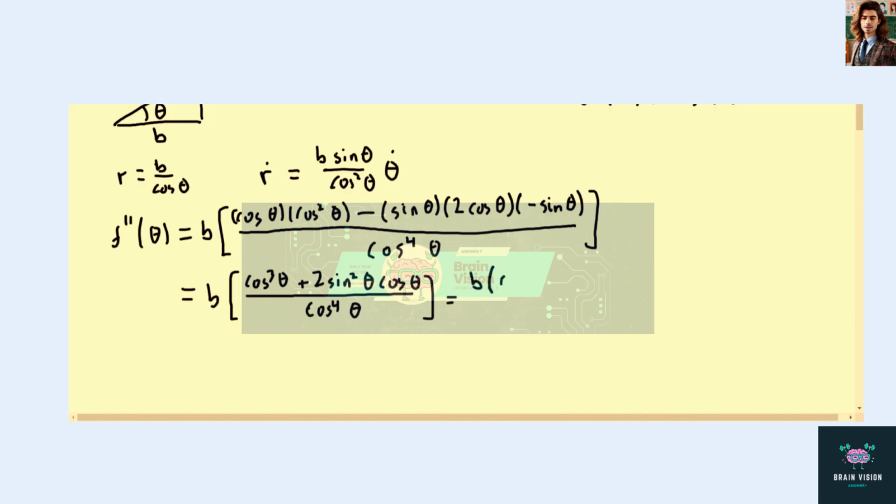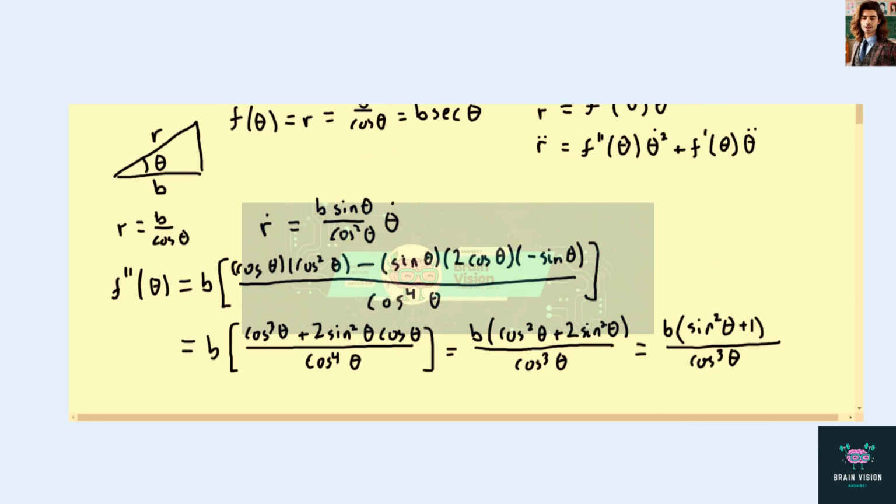So we're going to have a cosine squared plus 2 sine squared theta. And so we've canceled out a cosine term. So we'll have a cosine cubed theta. And so we can use an identity here. Cosine squared plus sine squared is equal to 1. And so we'll simplify that a little further into b times sine squared theta plus 1, divided by cosine cubed theta.